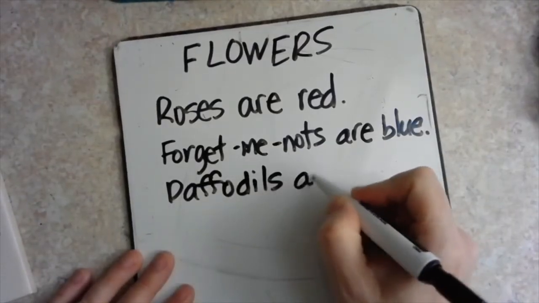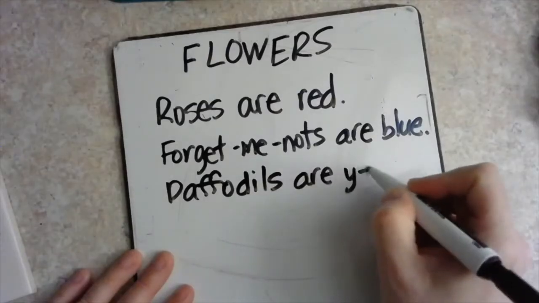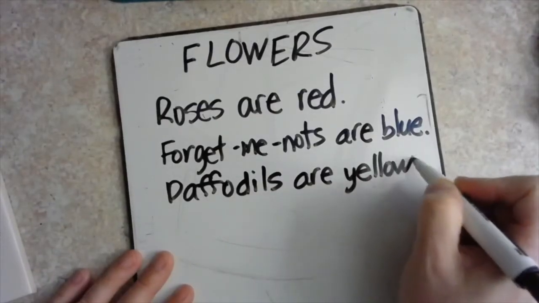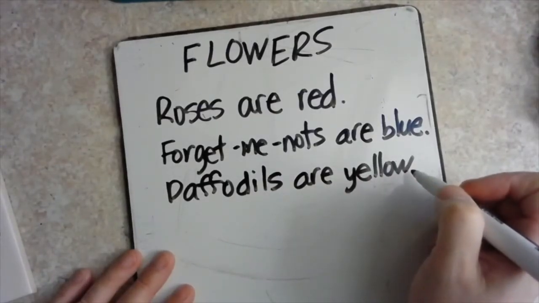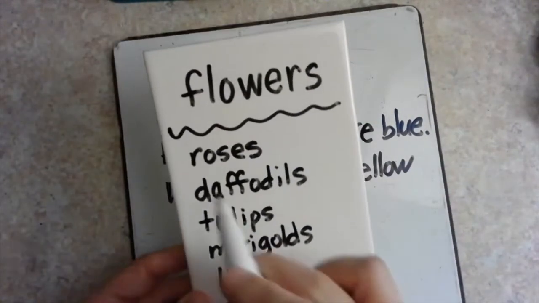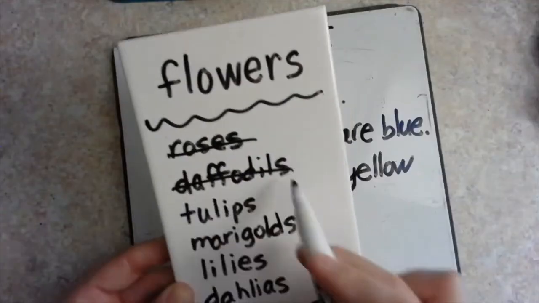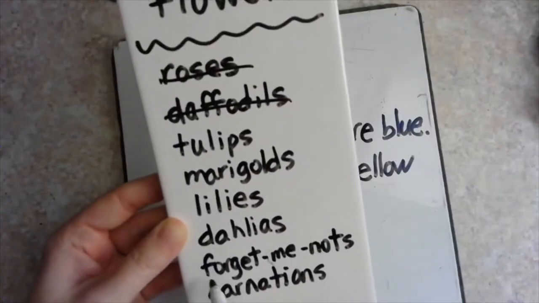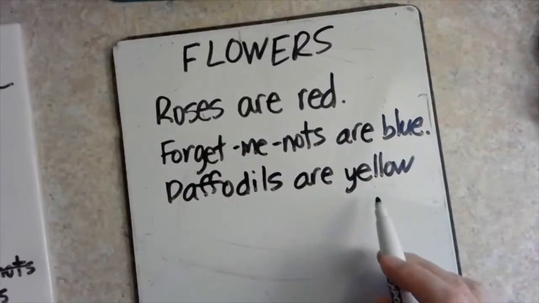And then how about daffodils are yellow. I just thought of a flower I didn't have on my list earlier, but that's okay. Let's see, I got roses, I got daffodils, I got forget-me-nots, but I thought of another one that's yellow too.